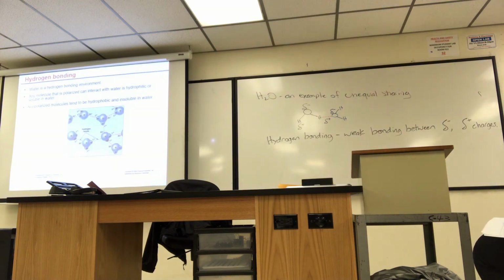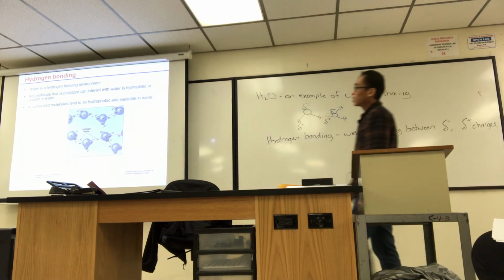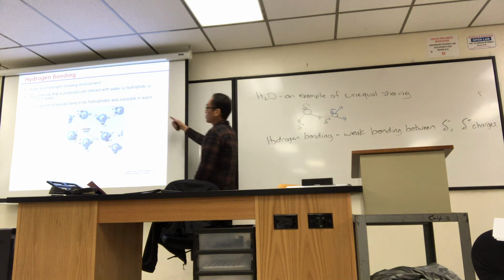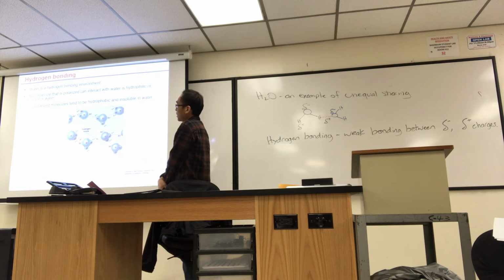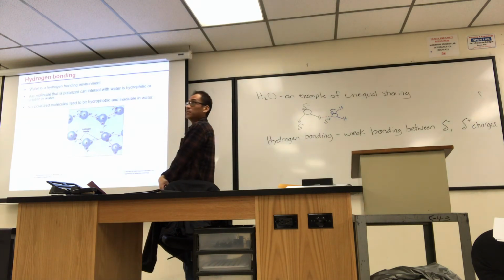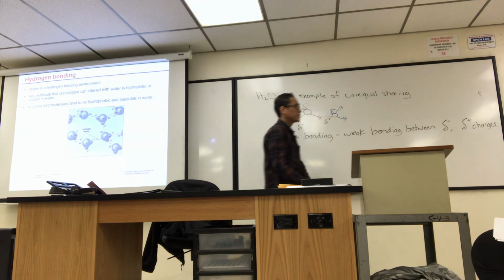So what I say on the slide is water is a hydrogen bonding environment. Any molecule that is polarized can interact with water. It is hydrophilic and soluble in water. Non-polarized molecules like fats, for example, tend to be hydrophobic and insoluble in water.